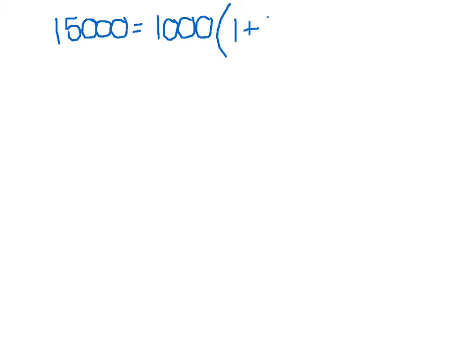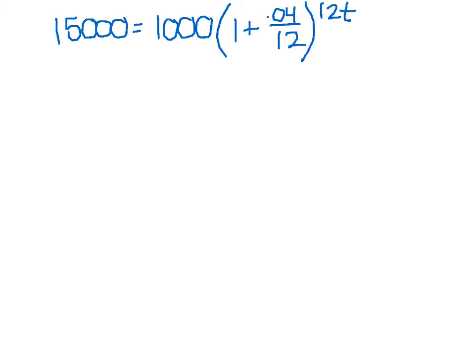So we had some basic, $1,500 was what I wanted. I started with 1,000. I had some number, 1 plus 0.04 over 12 to the 12t.